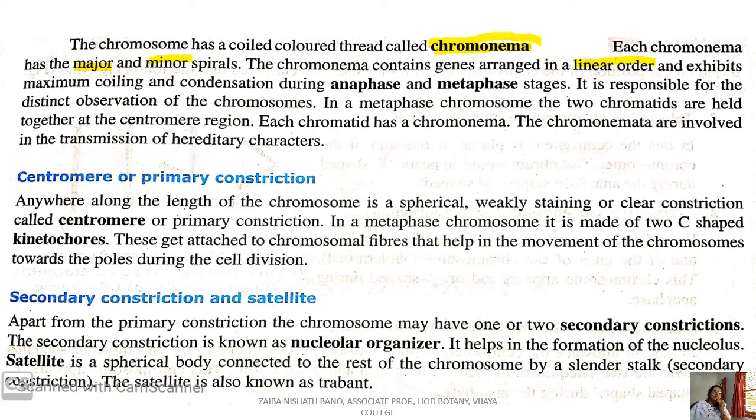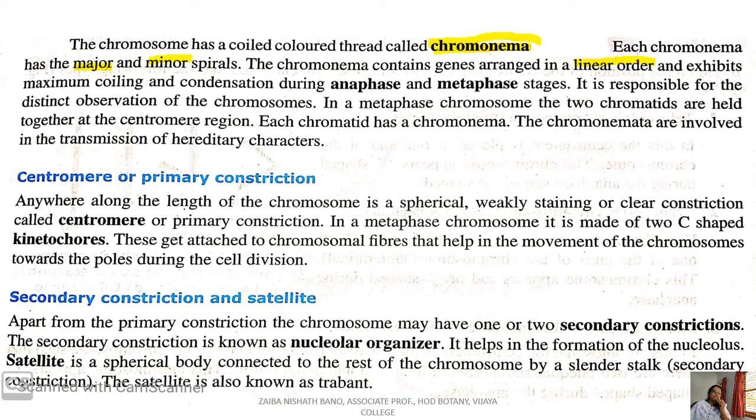In the metaphase chromosome, as we saw in the first diagram of the previous slide, you can clearly see two chromatids held together at the centromere region, and each chromatid has the chromonema, which is nothing but the stained portion of the chromosome. The chromonemata are involved in the transmission of the hereditary characters. I repeat again, the expanded form is the chromatin thread, the condensed form is the chromatid.